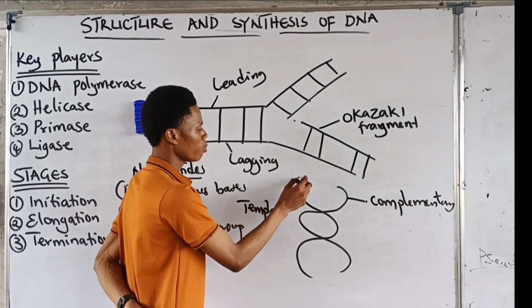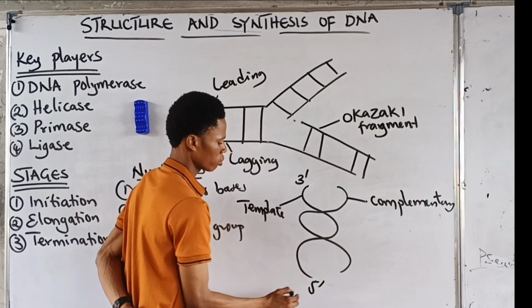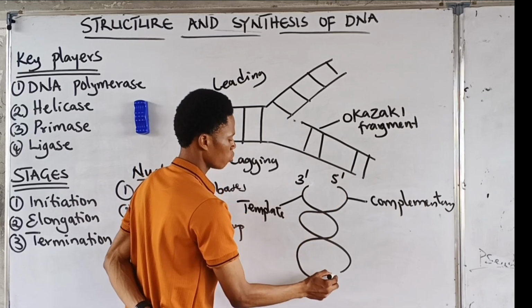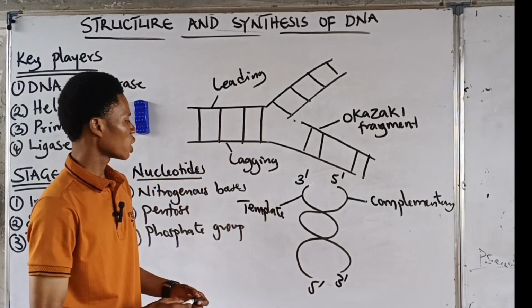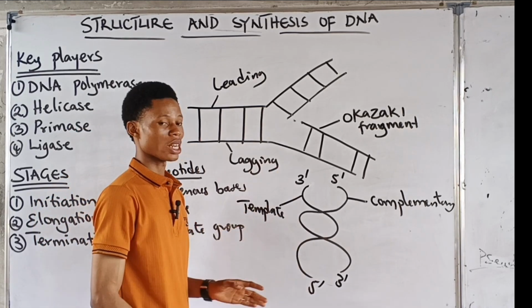Take note that the template strand always runs from 3' to 5', while the complementary strand always runs the opposite direction, 5' to 3'. So you can see that the two strands are anti-parallel because they are running in opposite directions.